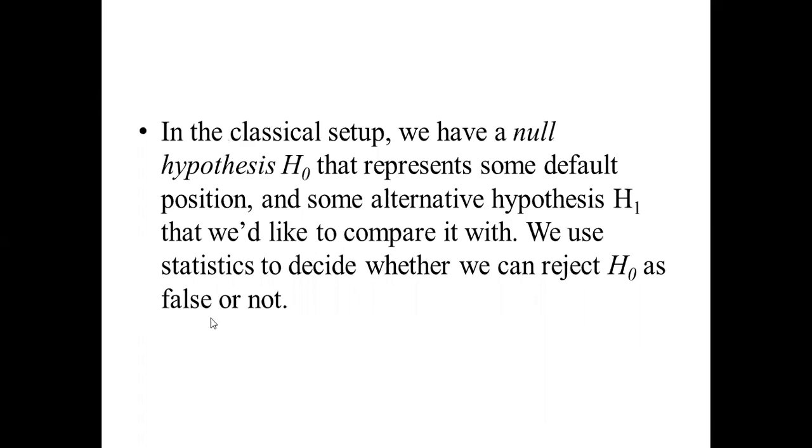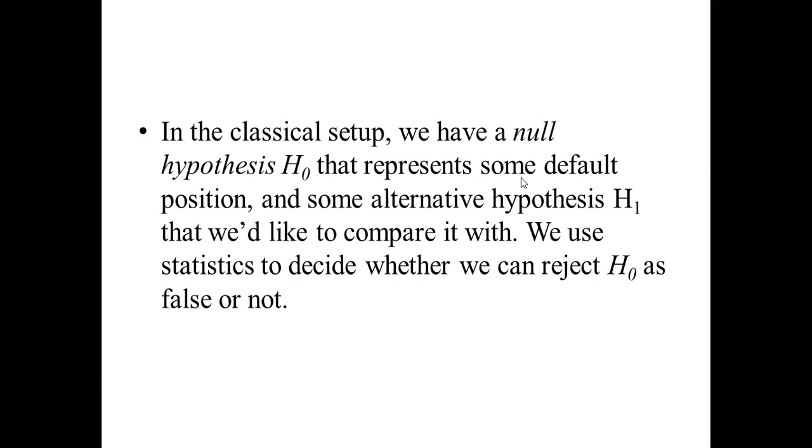In the classical setup, we have a null hypothesis H0 that represents some default position and an alternative hypothesis H1. Then we use statistics to decide whether we can reject H0 as false or not.